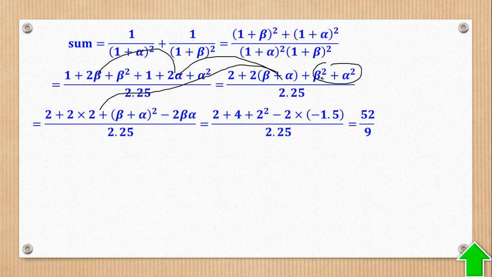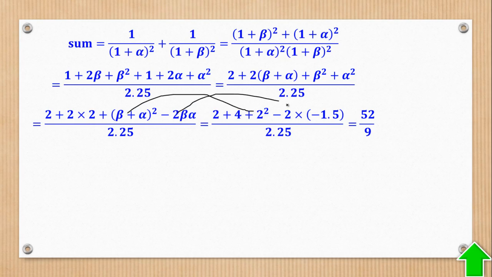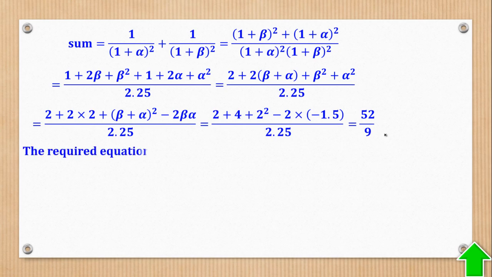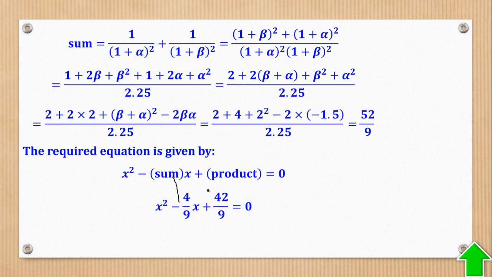Then this one can be expressed in terms of sum and product, and substitute for sum here and product here. You come up with 52 over 9. Therefore, the required equation is given by x squared minus sum times x plus product. So substitute the sum and the product, and that's what they wanted. You can either choose to multiply throughout. That's about simplifying.